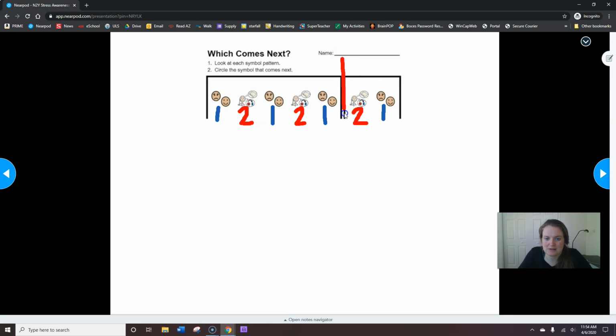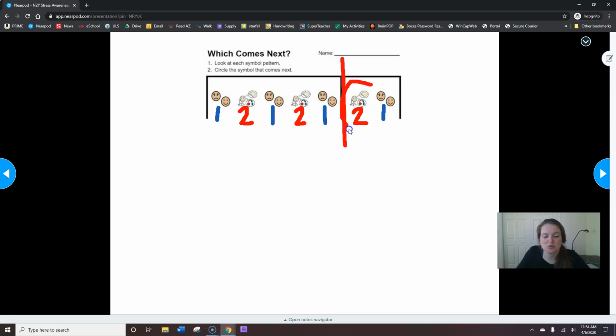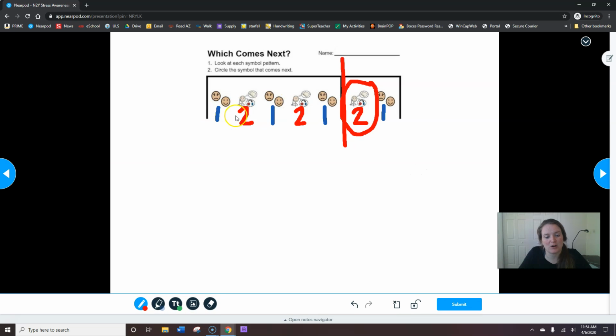Now, we have to listen for the pattern and see what comes next. Ready? 1, 2, 1, 2, 1, 2. So 2 comes next. I circled 2. Let's check. 1, 2, 1, 2, 1, 2. Great job. When you're done circling the last 2, hit submit.